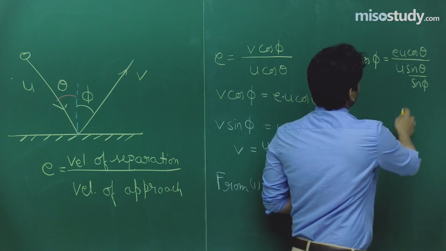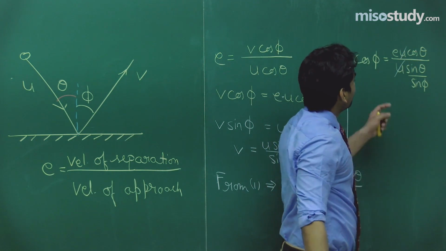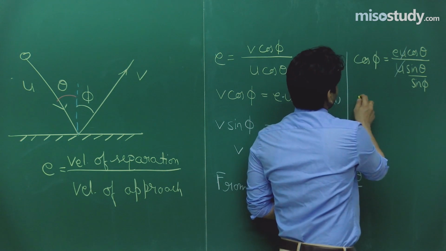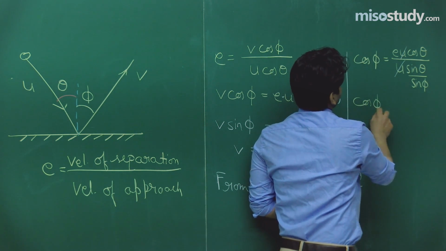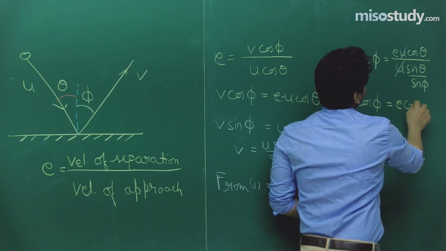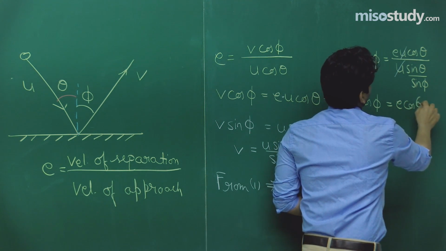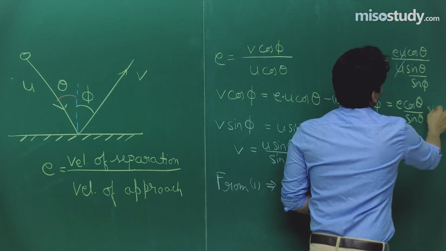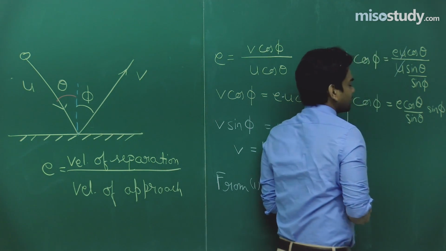From here we can see that u and u will cancel out, and sin phi will move up. So we can write cos phi is equal to e cos theta by sin theta, and sin phi will be multiplied here.